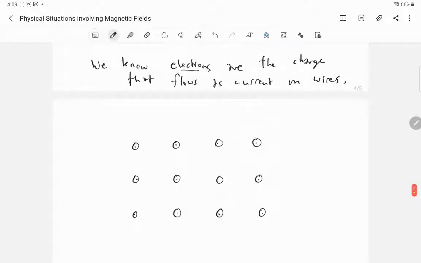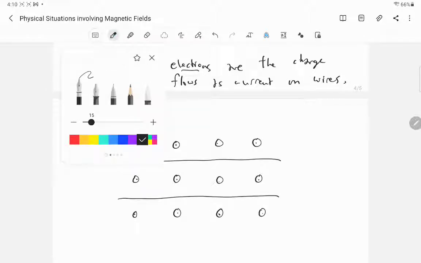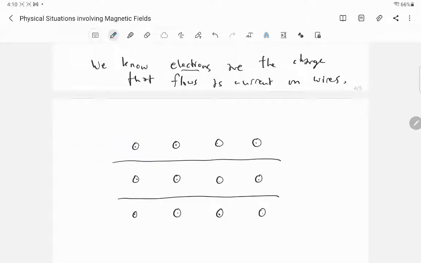So here is the magnetic field, and let me draw us a wire. And in this wire, I'm going to indicate with little blue plus signs these positive charges that do not get to move. They're the nuclei. They are the wire, essentially.